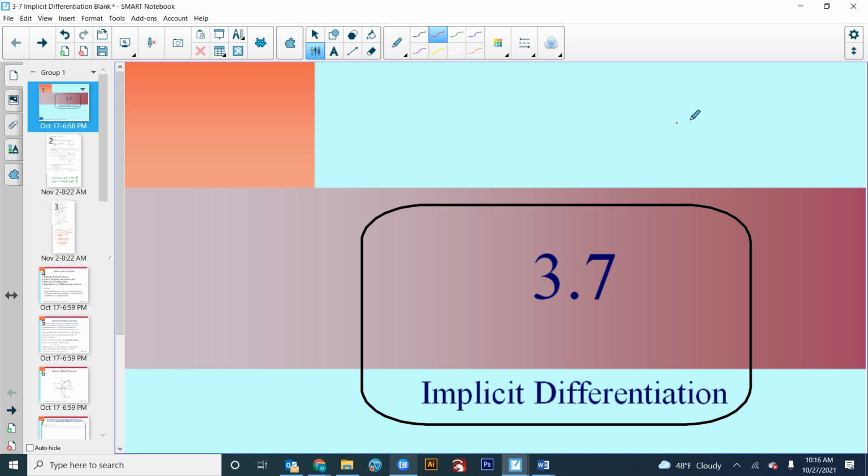And so implicit differentiation is preparing us to think of when you can't solve for y, or even next chapter when we have what are called related rates. I don't want to get too far into this. I just want to get you thinking about it. What if you throw a rock into a pond? We've talked about that before, how the ripple goes out.